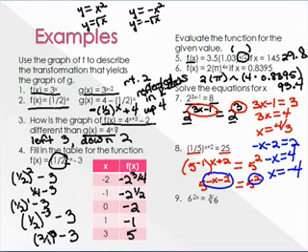Same thing on this last one here. I don't know if you can read this. It's 6 raised to the 0.2x. Okay, that already is a power with a base of 6. Over here I have the cube root of 6. Well, I can use the 6 as the base of the power, and then if I take it to the cube root, that's equivalent to doing the 1/3 power.